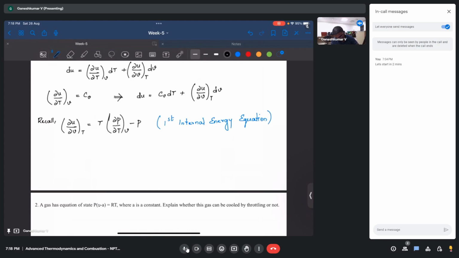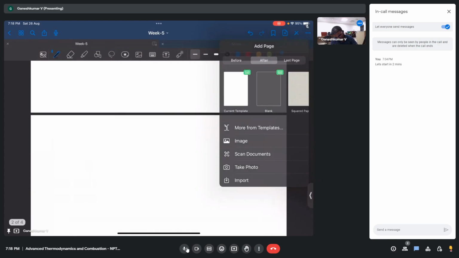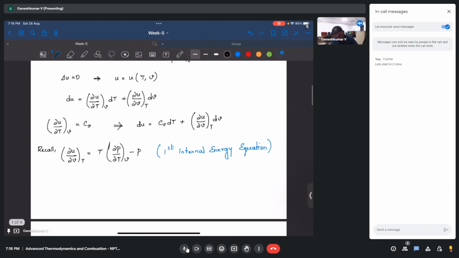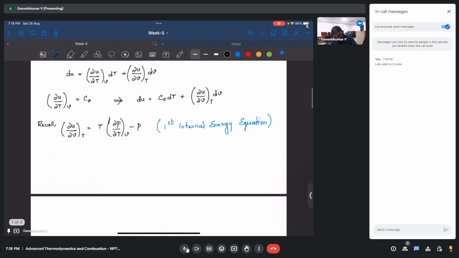Now let's substitute this over there. Substituting, the total change in internal energy is going to be Cv times dT plus T times dou P by dou T at constant V minus P times dV.